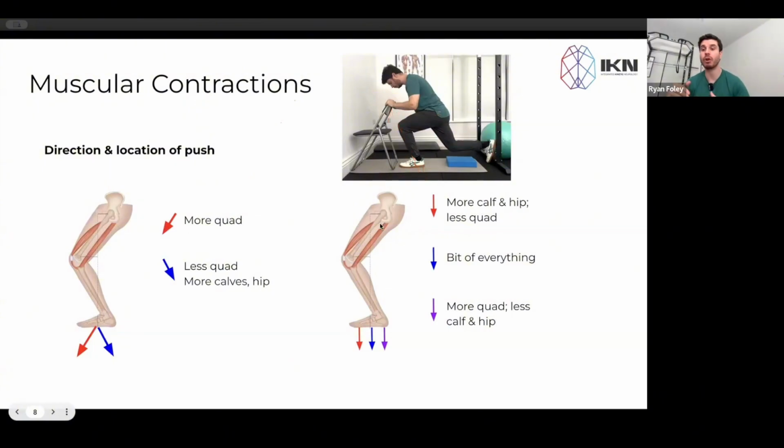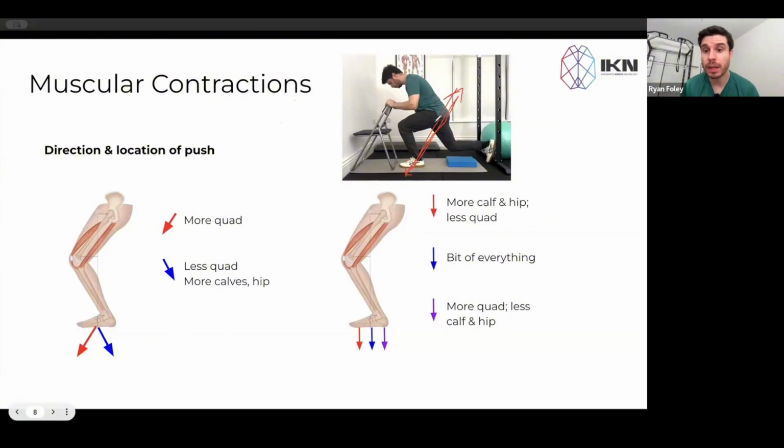push straight back, let's say I'm dropping into a forward lunge, for example, and I push down and forward. Or not down and forward, but I'm pushing down and back. I'm pushing my body back the way, right? So I'm pushing down. Well, essentially, I am pushing down and forward to project my body upwards and backwards. So it's going to create a ground reaction force vector, let's say in this direction here, okay?